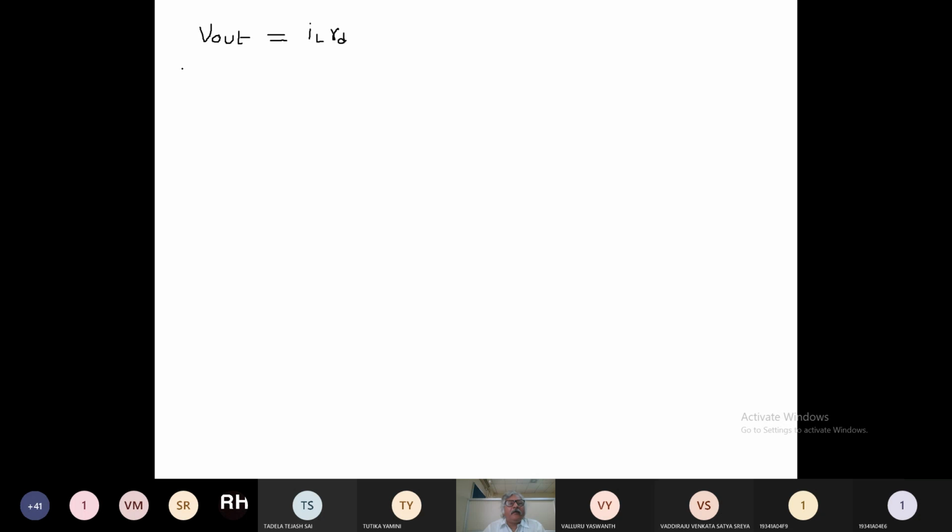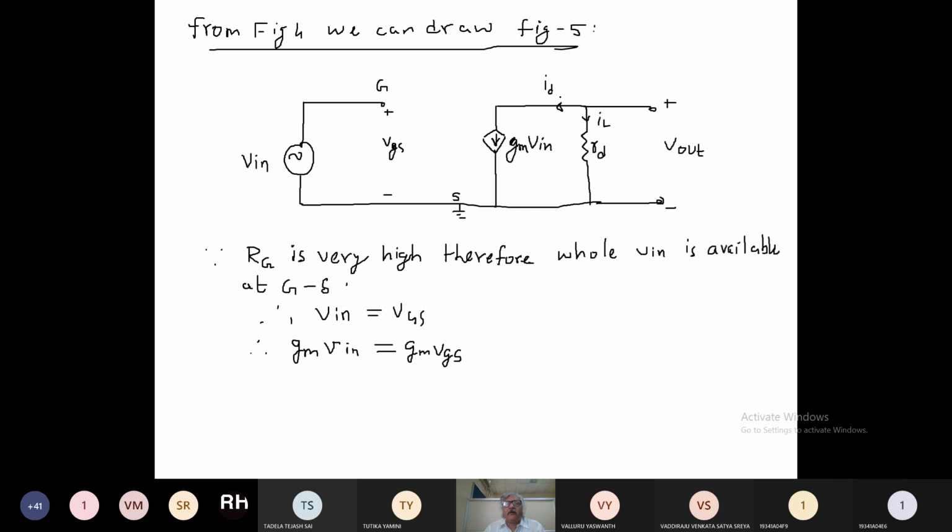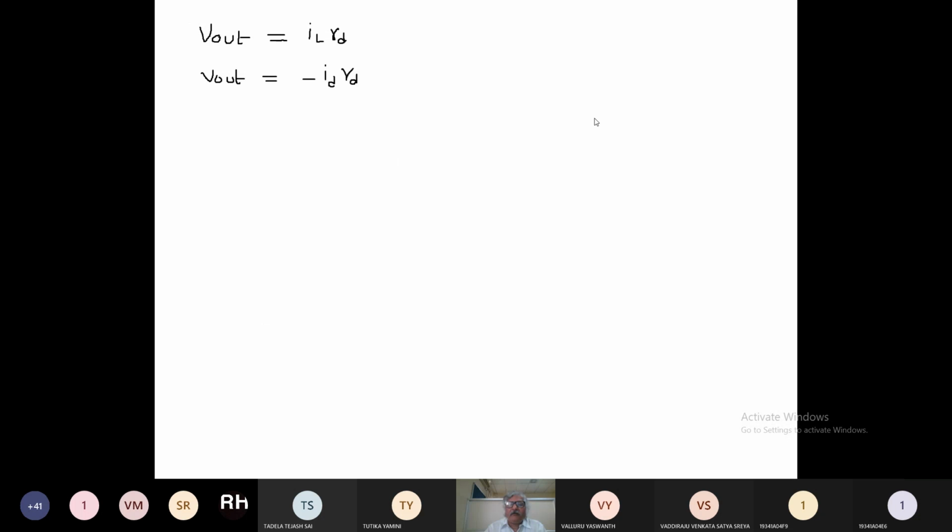Now this again can be written as Vout is equal to minus ID RD, because here you see the direction of ID is opposite to IL.